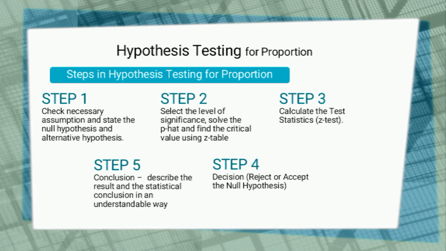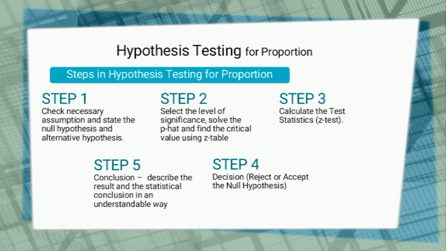So, nandito na tayo sa part kung saan discuss natin ang step by step kung paano isosolve ang hypothesis testing. So, the first step, check the necessary assumption and state the null hypothesis and alternative hypothesis. Step 2, select the level of significance, solve the p-hat, and find the critical value using z-table.